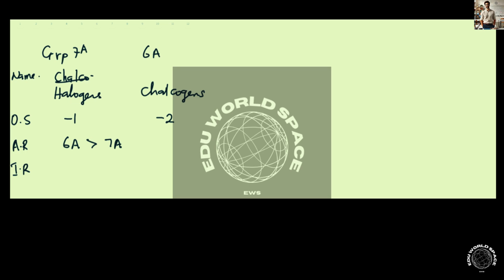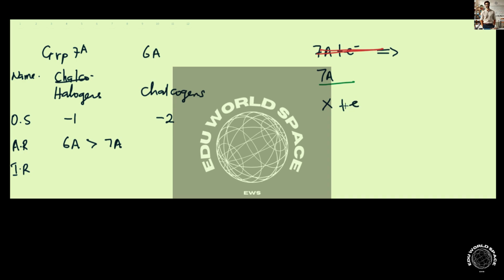So group 7A can gain one electron. I'll represent it with hex.